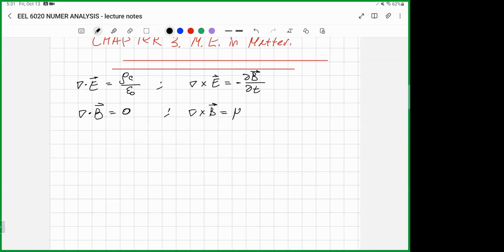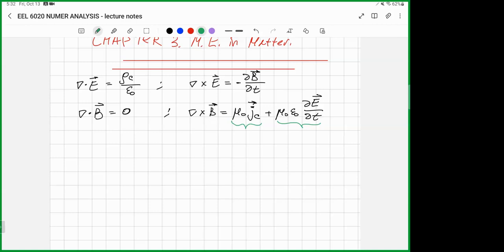It's equal to mu 0 times the current plus mu 0 epsilon 0 dE over dt. Yeah, we spent some time discussing these two terms, right?